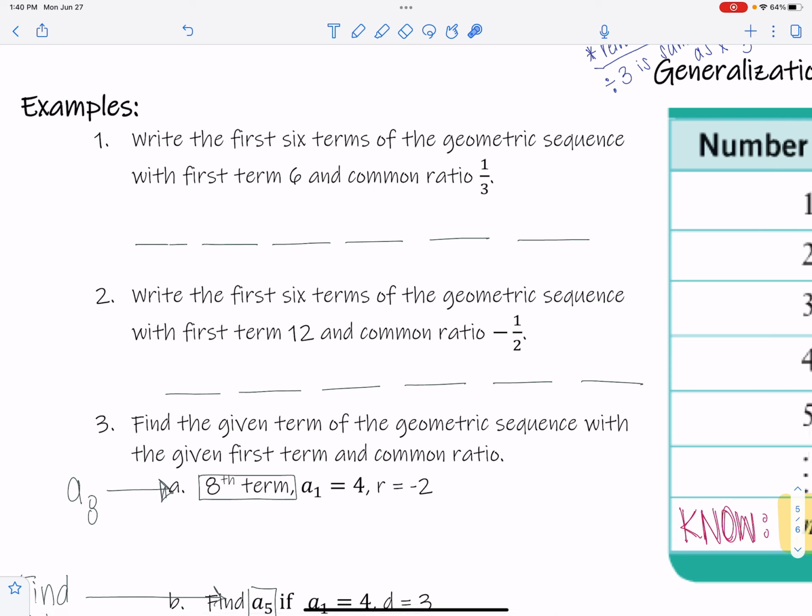The first question says, write the first 6 terms of the geometric sequence with a first term of 6 and a ratio of 1/3. What that means is I am multiplying by 1/3.